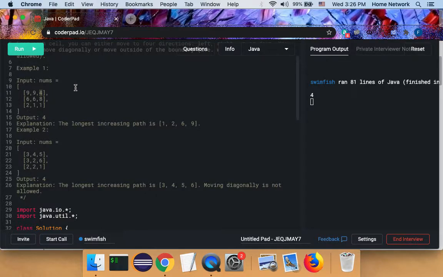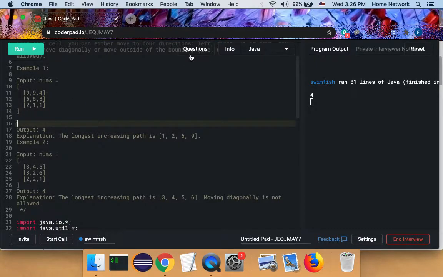Let's consider the time complexity. At each node, there are possibly 3 directions to explore that could be increasing. So for each node, we need to make this decision, which direction to explore.